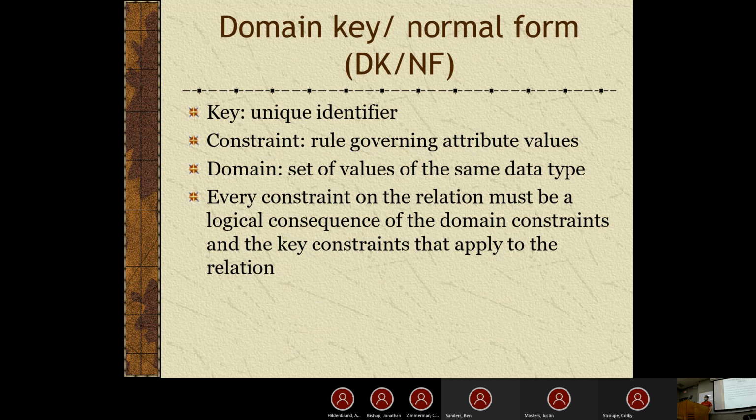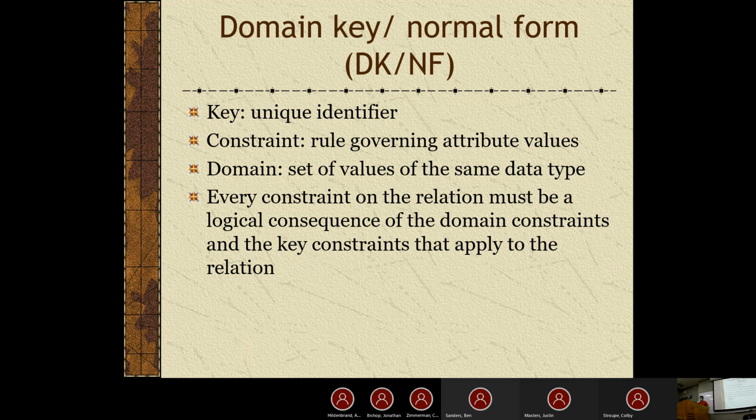So inside of domain key normal form, it's pretty similar to what we just talked about with third normal form. Basically, we have a unique identifier that's going to uniquely identify each instance of the relationship. Then we have constraints specified. This is really the only difference, but it's an important one, because we're saying, what constraints are we going to apply to this model?